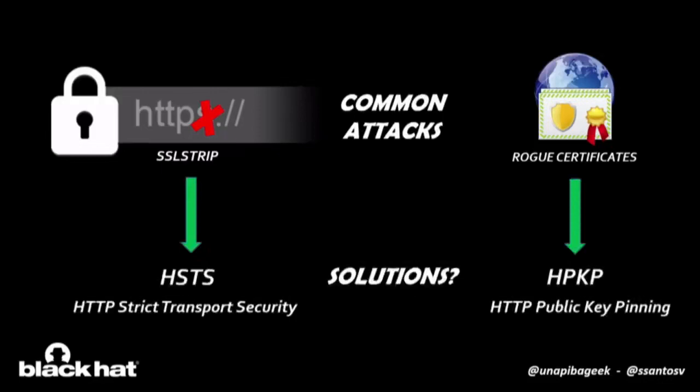So both of these common attacks have a countermeasure, which is HSTS, HTTP Strict Transport Security, and HPKP, which is HTTP Public Key Pinning. There are others for certificate pinning. HPKP is one of them, not the most popular because Chrome is going to deprecate it, as just announced a few months ago.